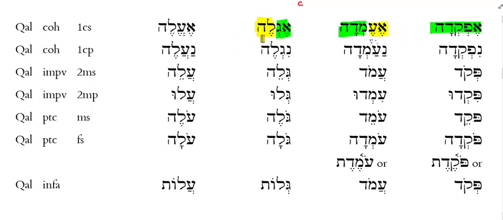We just get a segol hay there, so egle. And that makes it ambiguous because egle could also be the imperfect 1CS. So that form could be imperfect 1CS or a kal cohortative 1CS.